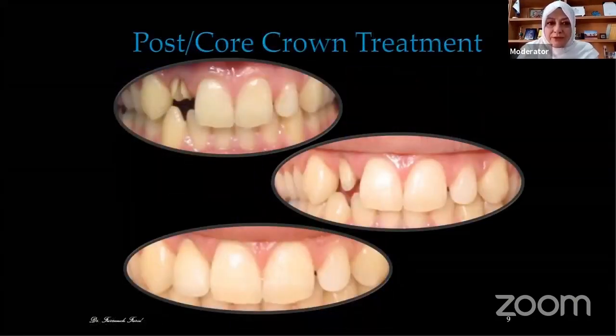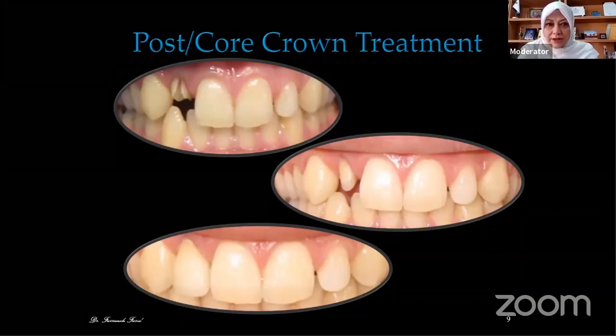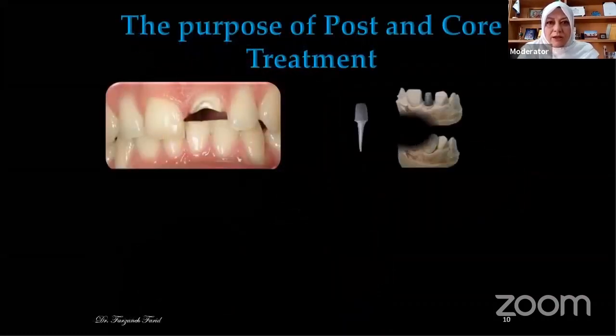When the remaining tooth structure is not enough for retaining the coronal restoration, we should use the intraradicular space and put a post inside it to retain the coronal restoration. Here, the post and the core that is formed around the coronal part of the post, plus the remaining tooth structure, make the foundation for the final restoration, that is a crown.